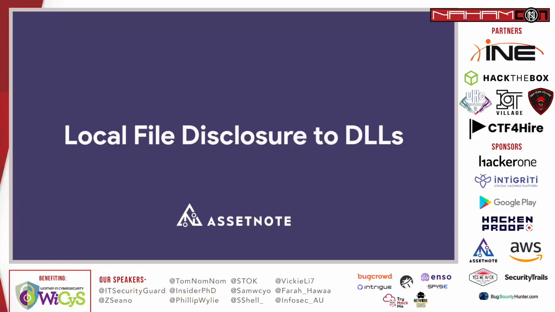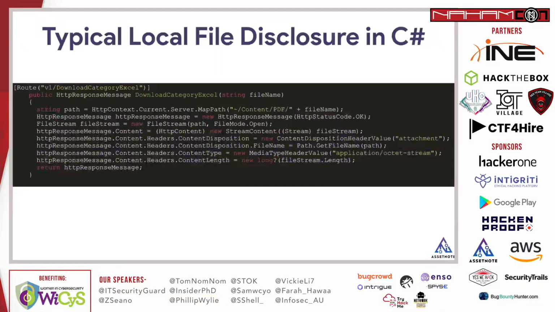Next thing I want to go through is local file disclosure to DLLs. So you can take this example of code, which is written in C#, which is a basic local file disclosure vulnerability. You can see that there's an endpoint called download category XL, and this endpoint takes a file name as a parameter, and it builds a path using the file name as the parameter, which is vulnerable to directory traversal and arbitrary file read.